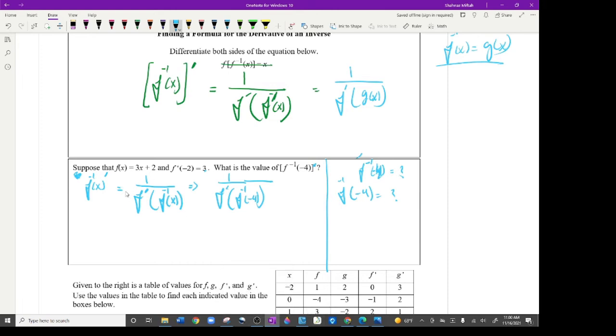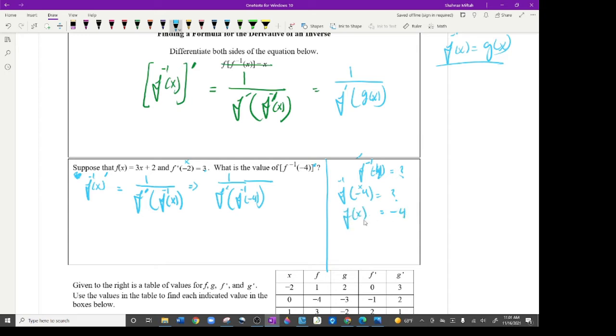They said negative 2 is the x value. When we take the derivative of the f function and plug in negative 2, the answer was 3. That's what they are telling me to do, right? But I do not have this negative 4. You do understand this is an x value for the inverse, and that x value is my y value for the original.